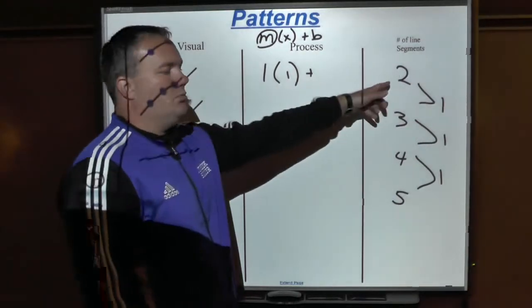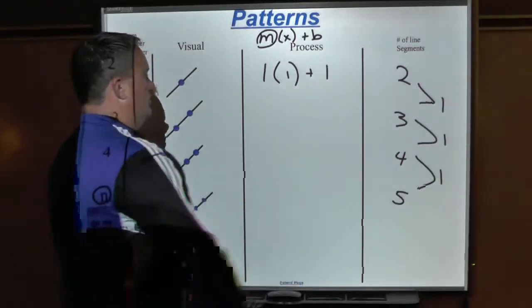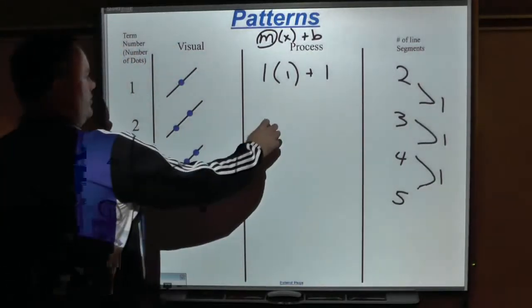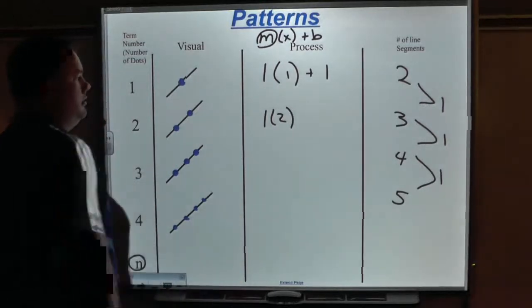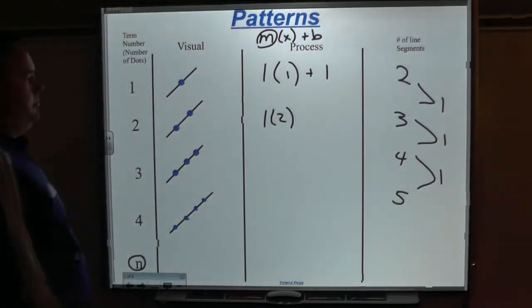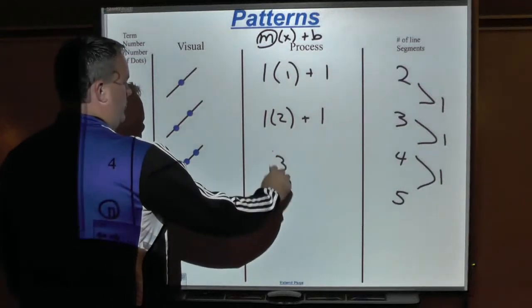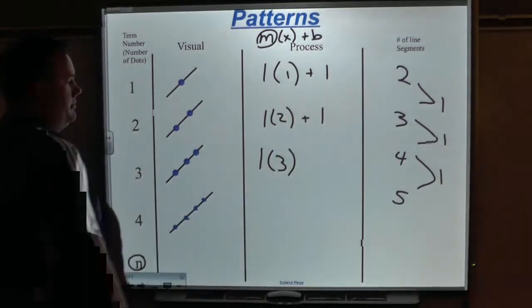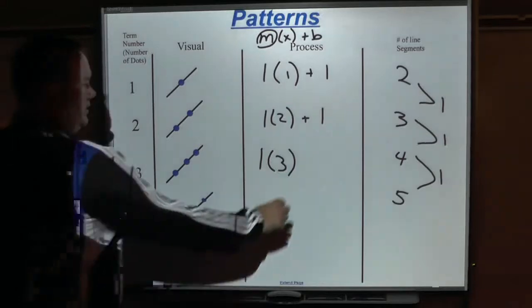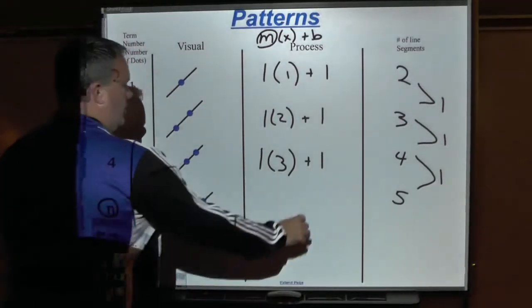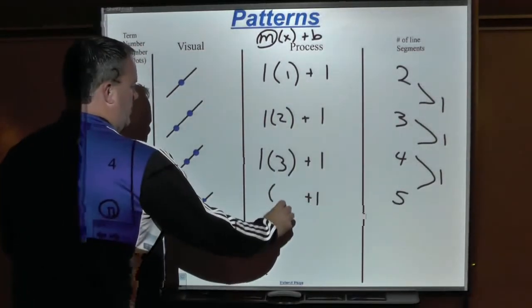Well, 1 plus what gives you 2? Well, 1. For the next one, 1 times 2 is 2, plus what is 3? 1. Plug in a 3. 1 times 3 is 3, plus what is 4? As you can guess, 1. Your constant is always the same.